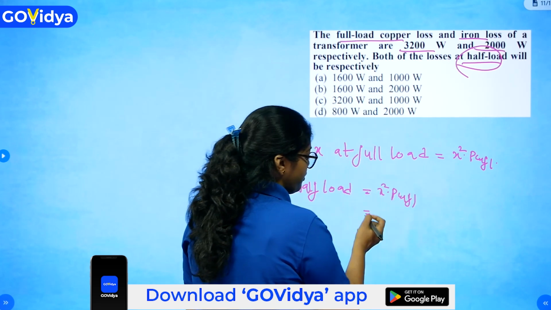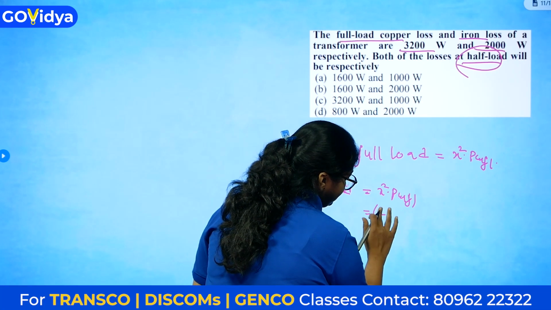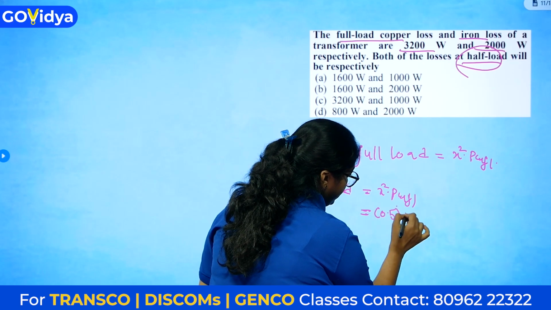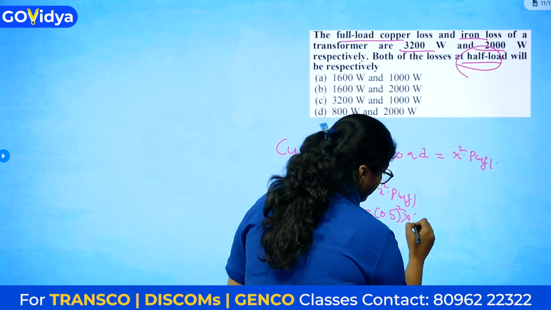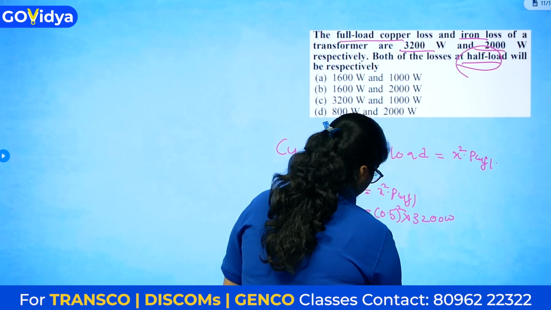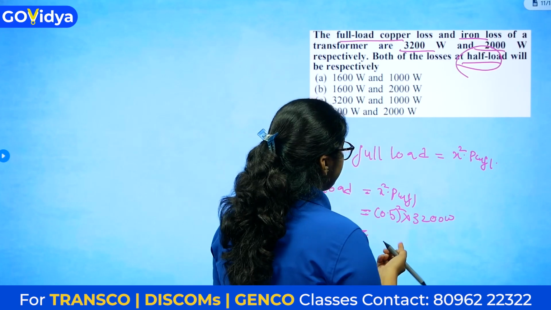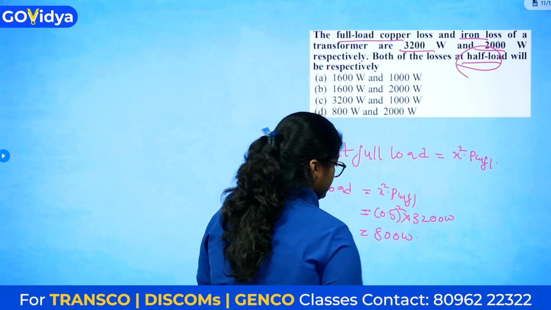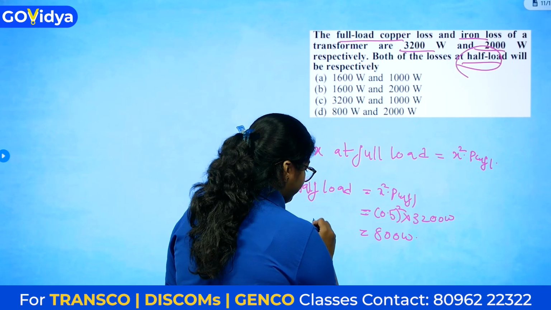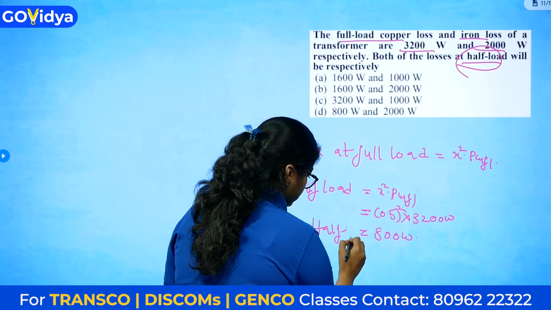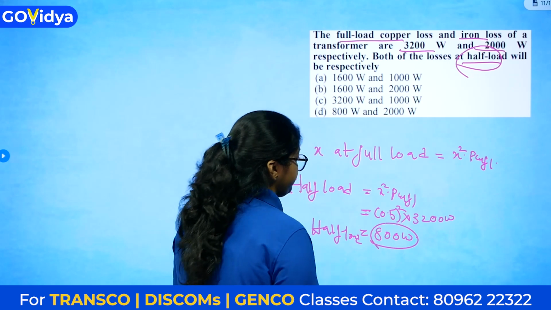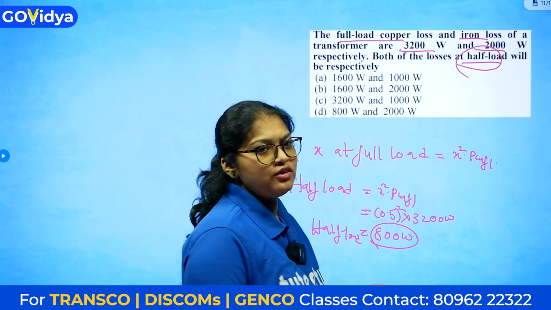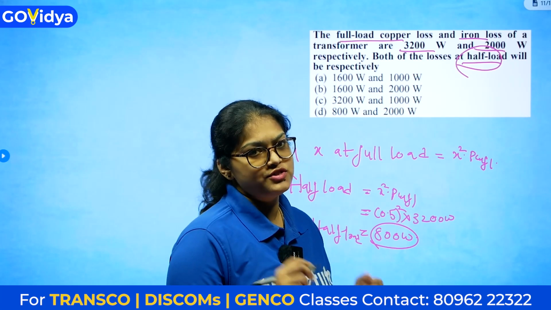So substitute half, nothing but 0.5, into the full load copper loss of 3200 watts. So 0.5 whole square into 3200 watts will give 800 watts. So at half load we got 800 watts. Coming to the iron losses, they don't vary with load.